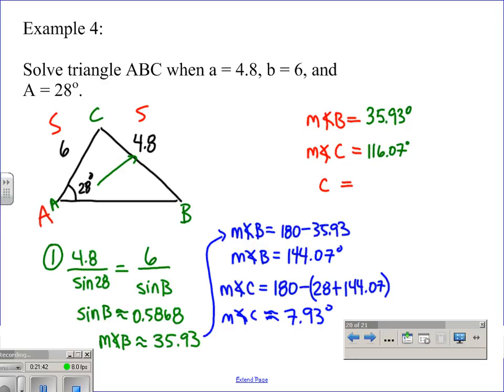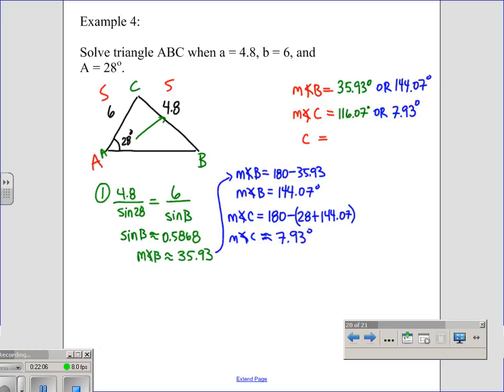So we have two possibilities this time. Now I know the measure of angle B could be this, or it could be 144.07 degrees. And if that's the case, then the measure of angle C would be 7.93 degrees. That leaves us with finding out what the side c is in each of the cases.